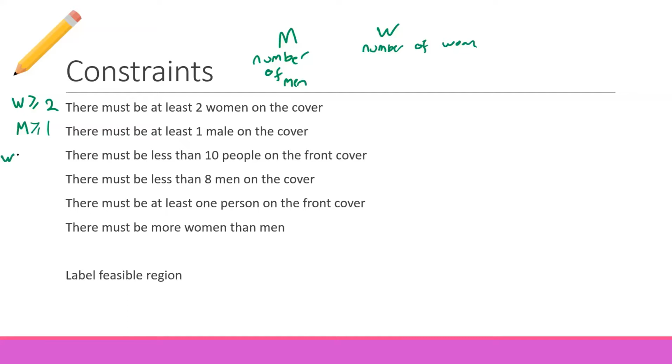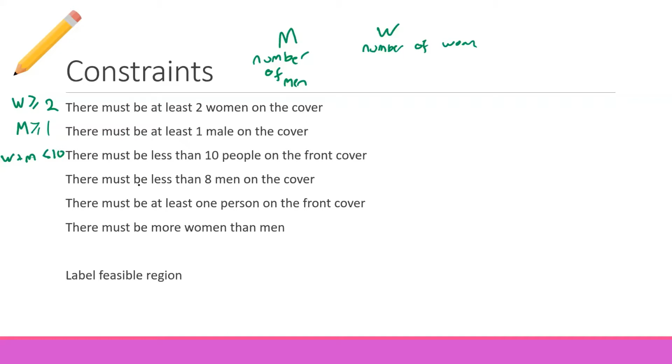If I take all the women and I add all the men, that has to be less than 10. I can't have that many people on the cover. So using these rules, I could have 9 women and 1 man, 8 women and 2 men, 7 women and 3 men, and so on and so forth.